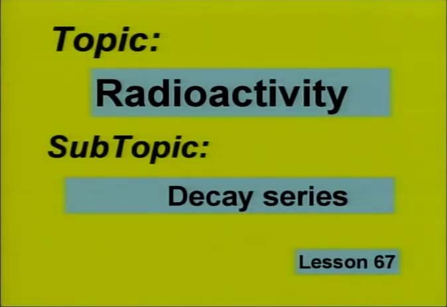Looking at an element, or let's say a radioisotope, when it goes through the three forms of decay, basically the alpha and beta rays, the nucleus is in an unstable state.